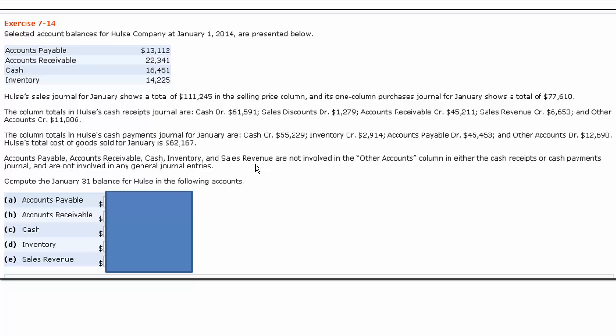Okay? So the cash payments show us where it was decreased, and the sales journal would show us where it was increased. Okay? Now, for accounts receivable, we're going to start off with that beginning balance, and then we're going to look at the data and try to figure out when it was increased and when it was decreased.